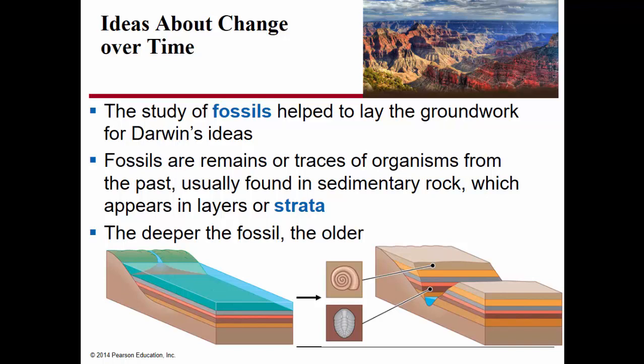The study of fossils was very important in influencing Darwin's ideas that species change over time. Knowing the history and finding organisms that have been fossilized was a way that scientists can compare modern-day species to species that lived long ago and to study the types of changes that occurred.